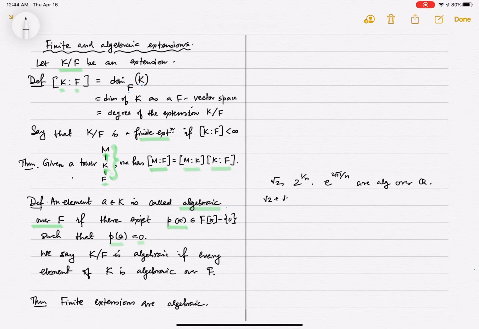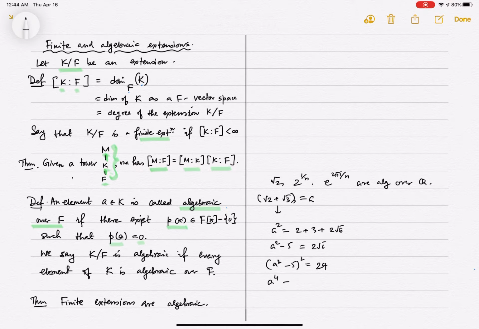Root 2 plus root 3, I can write a bunch of things. Let's find a polynomial equation that this satisfies. Call the number a. You take a squared, then it's 2 plus 3 plus 2 root 6. So a squared minus 5 is 2 root 6. So a squared minus 5, squared, is 6 times 4, 24.